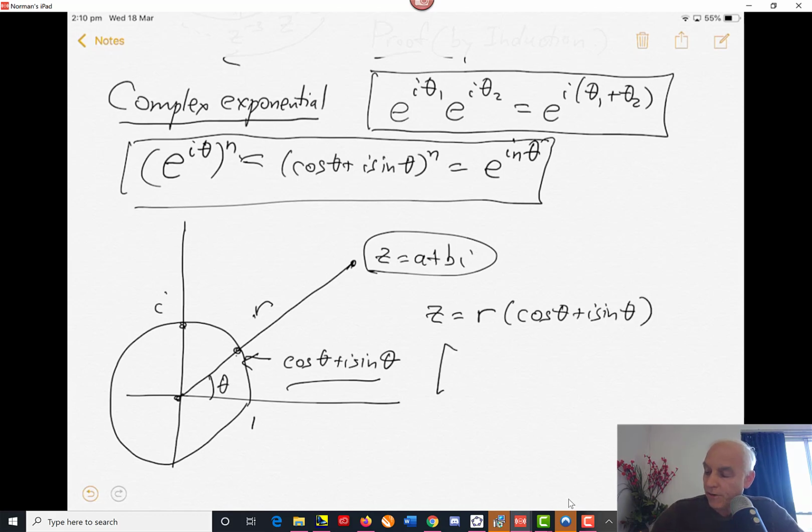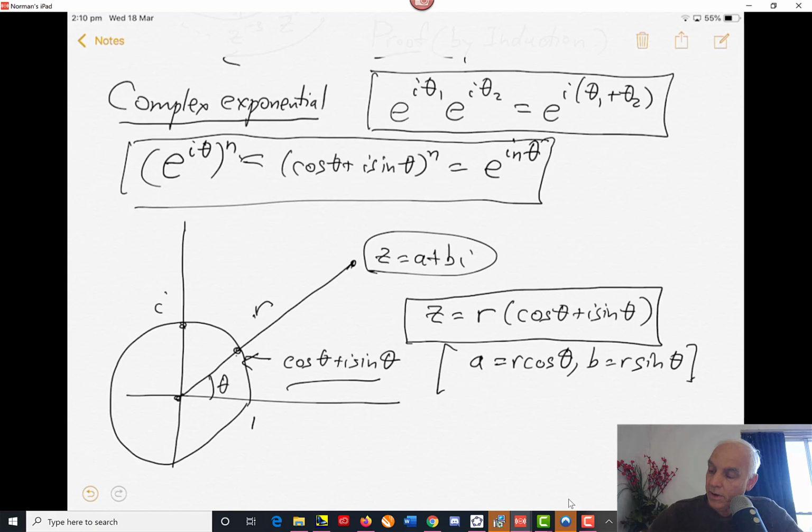We could see that also just by observing that a is equal to r cos theta and b is equal to r sine theta. So this is a very general expression for a complex number, a kind of polar form.